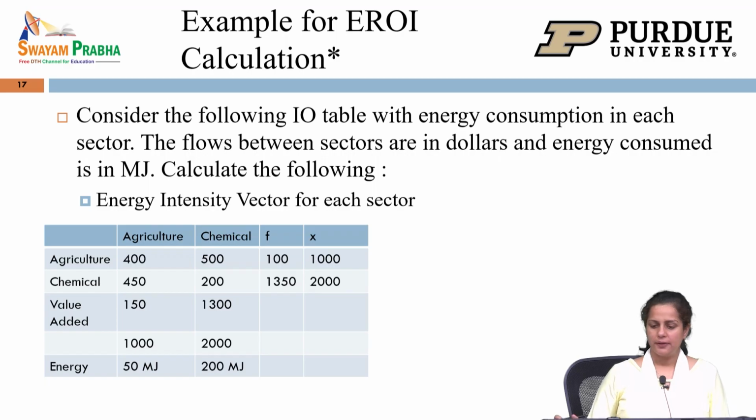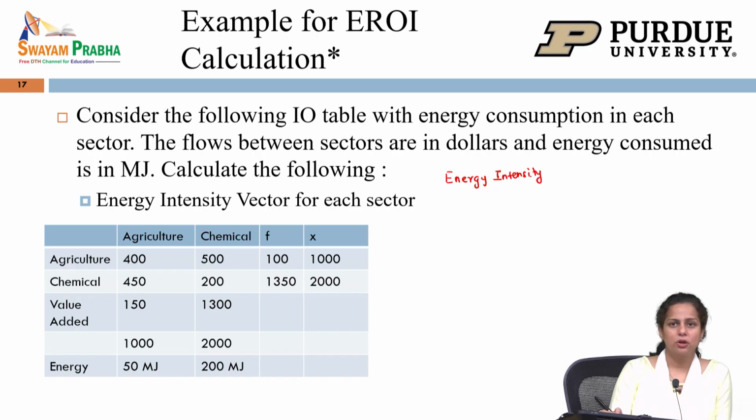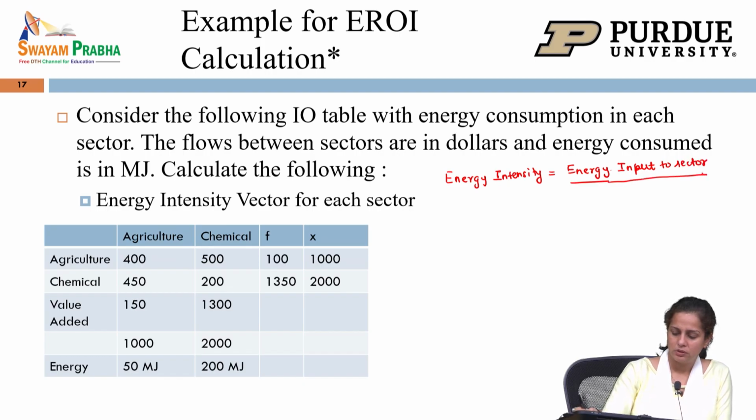So, energy intensity calculation is pretty straightforward. Remember, our resource intensity definition was the total resource per unit dollar of output. So, energy input intensity will be energy input to the sector divided by total output.